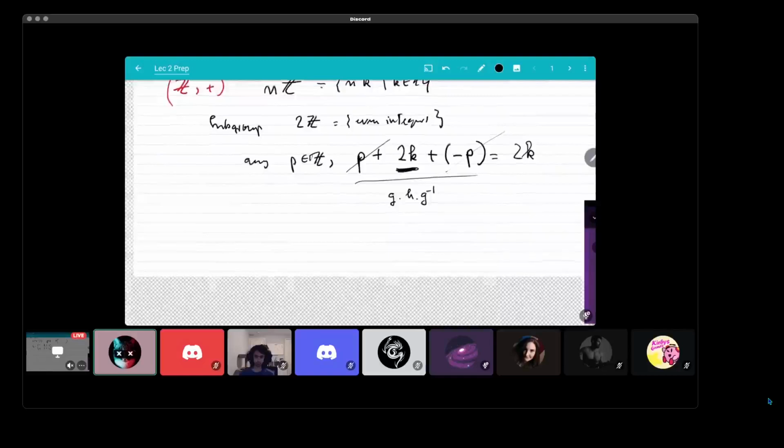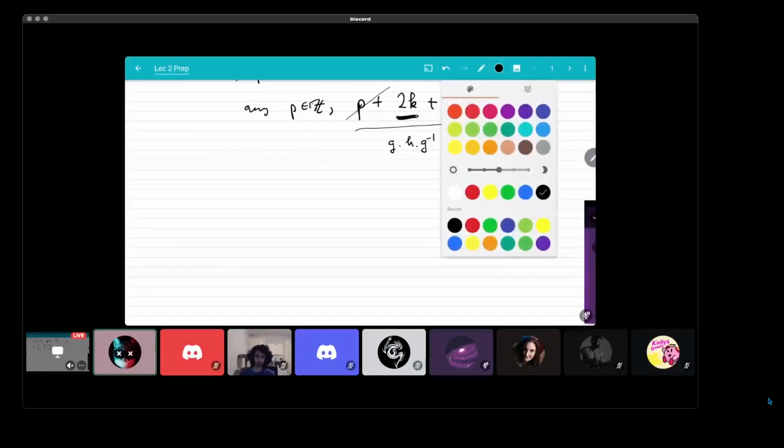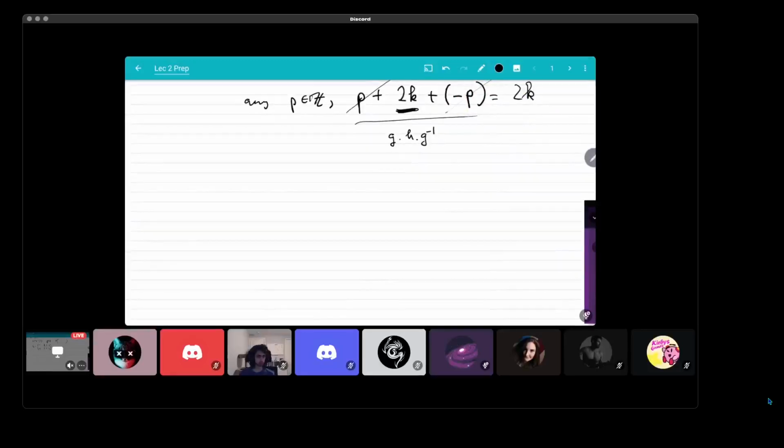Now about the subgroup itself that is normal: do elements in H commute? I think that's the question. If H is normal in G, and we take h1, h2 in H, is h1 h2 the same as h2 h1? No, it is not.